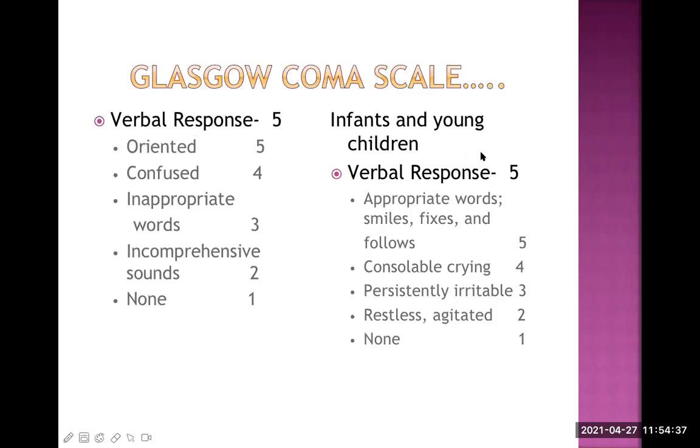Now, in infants and children, we count the verbal response a bit differently. Again, the maximum score is 5. Appropriate response, smiling, fixing the gaze in a particular area where you have shown, and following, is 5.